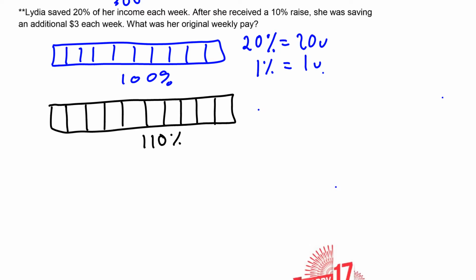All right, so now if we take 110 and we divide it by 10, we discover that each of our unit bars is now worth 11%. Okay, so now what is that telling us? That is telling us that 20 units are worth 22%.